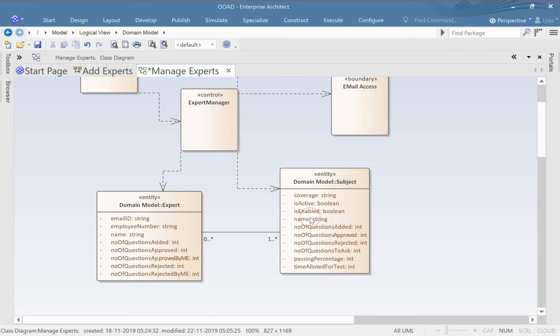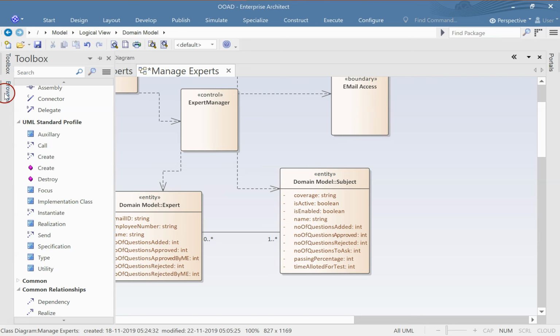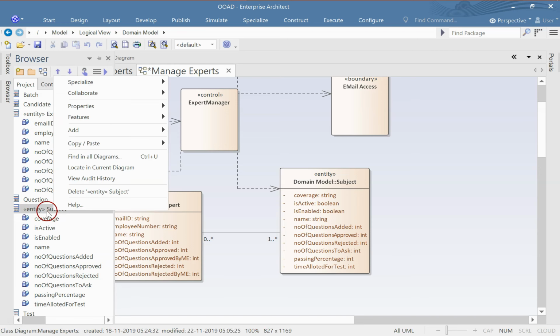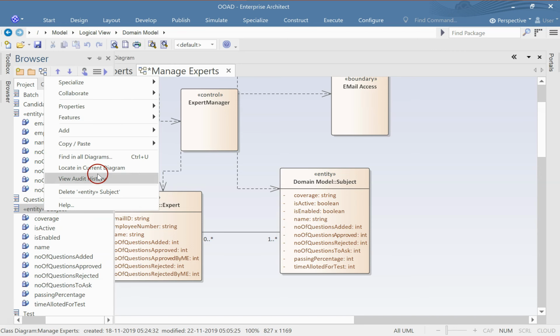Now, to understand the state related behavior, we need to build a state diagram, right? So to explore it a little bit further, now let's create a state diagram for subject, and we'll do it under subject itself so that they are all together.